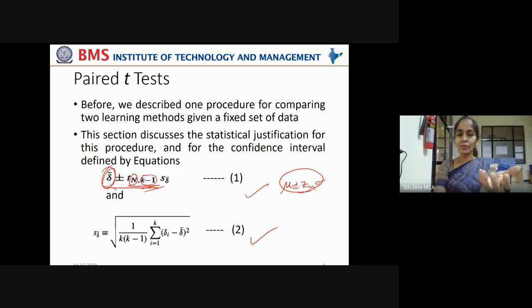So the degrees of freedom indicate over how many partitions you can distribute the error that is encountered, this delta bar, right? So that is called degrees of freedom, k minus 1, multiplied by, what is this? Standard deviation for the sample. Here it is represented as S suffix delta bar.